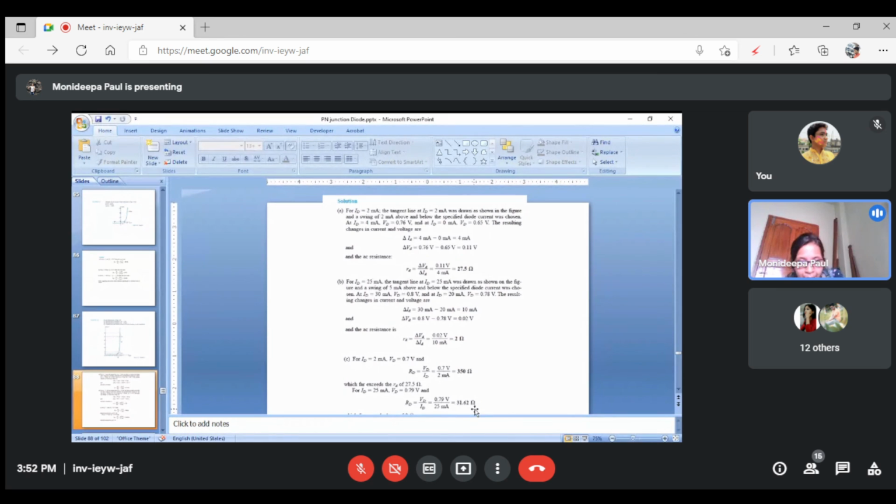So here you see the AC resistance for condition A is 27.5 and the DC resistance for that condition is 350, much higher. And AC resistance for condition B is 2 ohm and DC resistance is 31.62. This is also high. So for the same diode, DC resistance is high compared to the AC resistance.